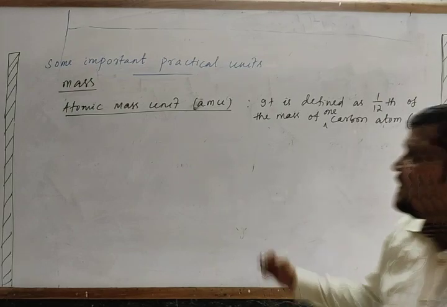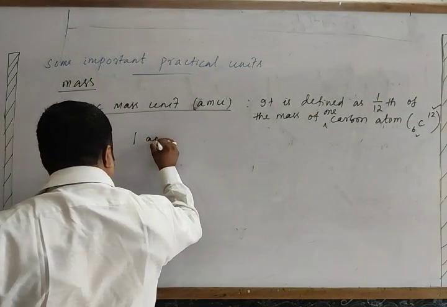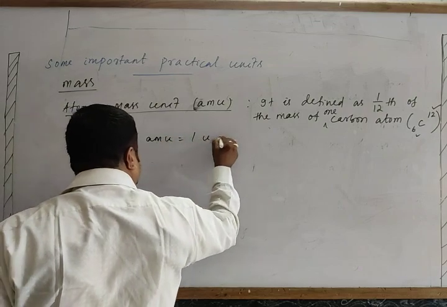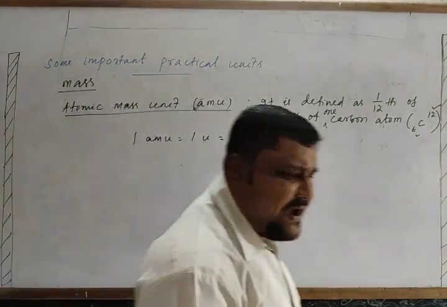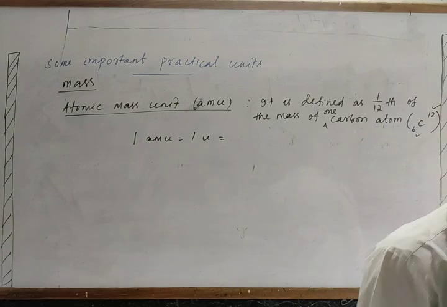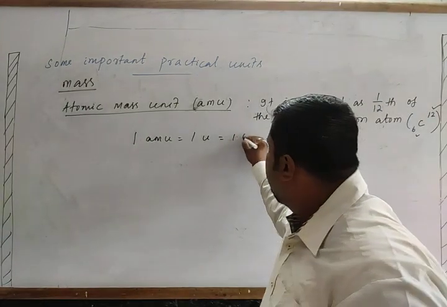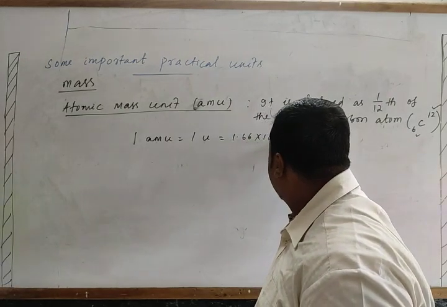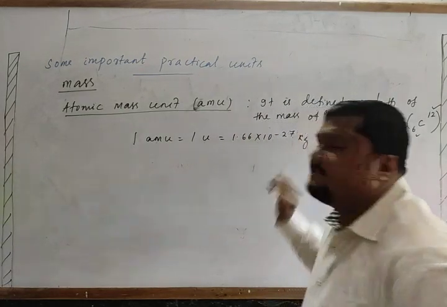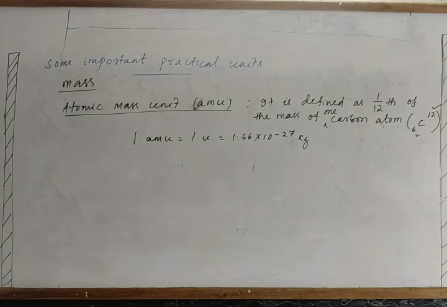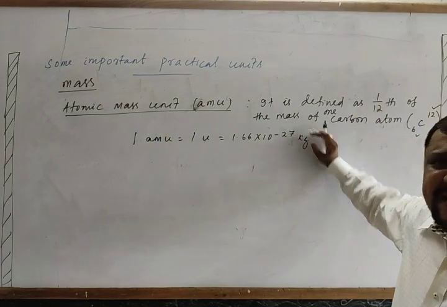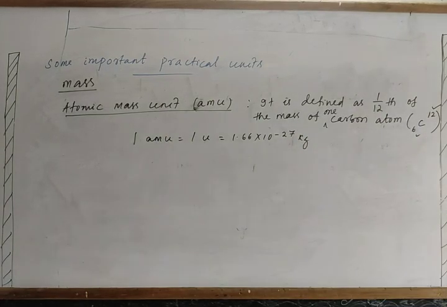So 1 amu, or in short 1 u, is equal to 1.66 into 10 to the power minus 27 kg. It is very small.